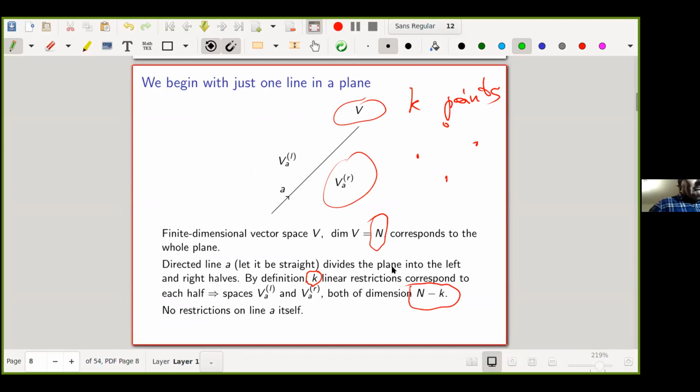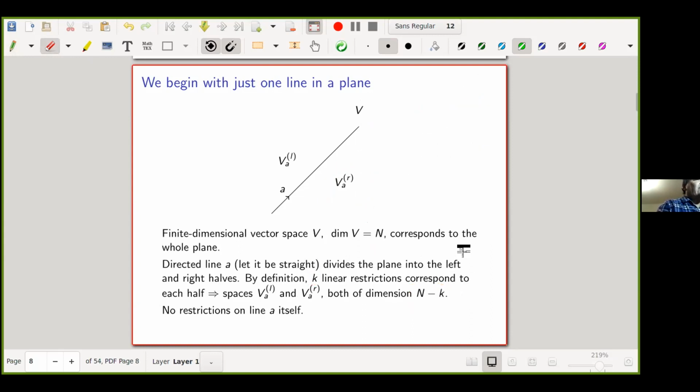By definition, if I draw a picture like this, with one line, it means that first there is a vector space.